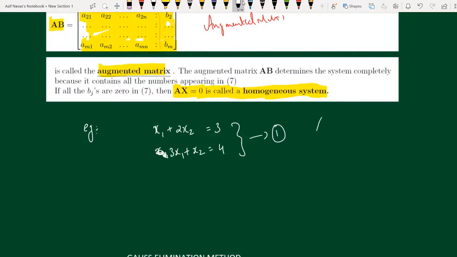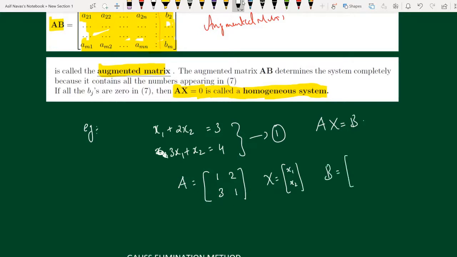Now we will write this in Ax equal to b form. The coefficient matrix A is 1, 2, 3, 1. X is the unknowns x1 and x2. Now b is 3, 4. Now we will write the augmented matrix AB: 1, 2, 3 in the first row.